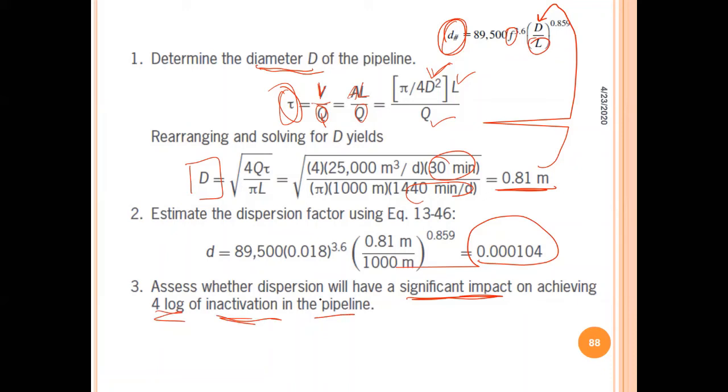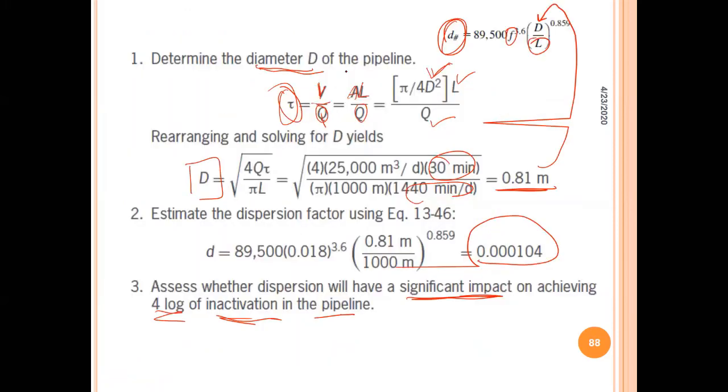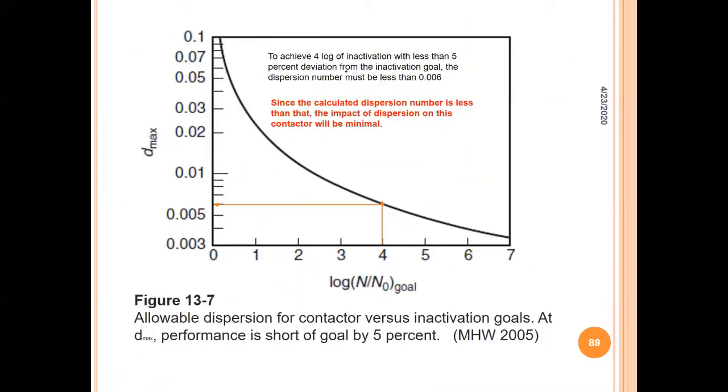So we go to the figure, which is Figure 13-7 in the book, or one of the textbooks here. This figure gives the relationship of the maximum dispersion number with the log removal goal. It shows the allowable dispersion for a contactor versus the inactivation goal.